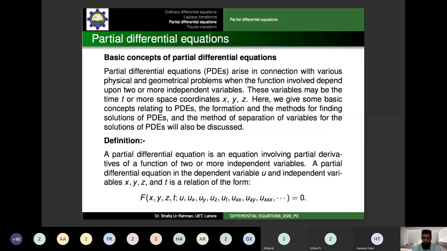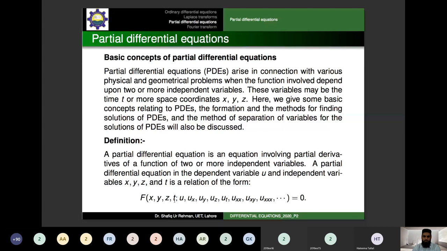So u_x means it's a partial derivative of u with respect to x, keeping all the other variables held fixed. So when we talk about the partial derivative of u with respect to y, it means that all the other independent variables are going to be held fixed. If we have four of them, like x, y, z, and t, then with respect to y means x, z, and t, they are going to be held fixed.